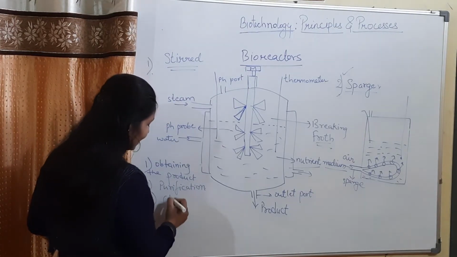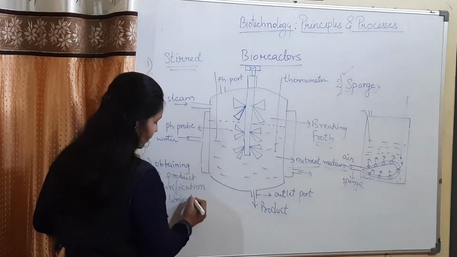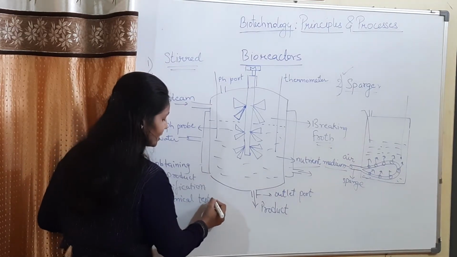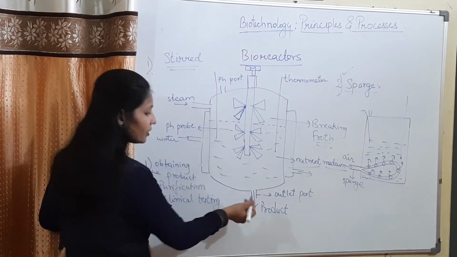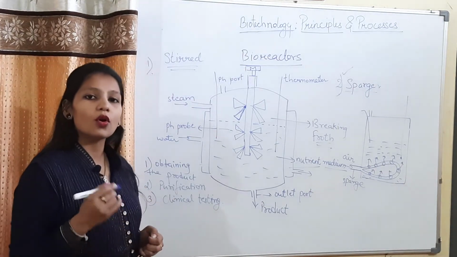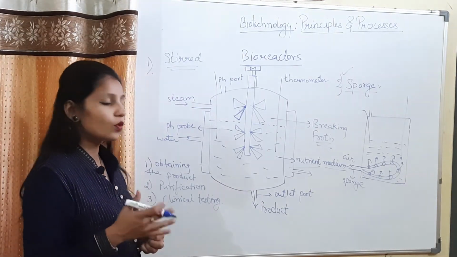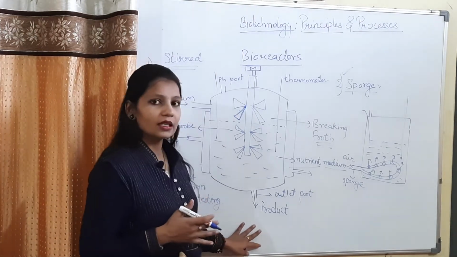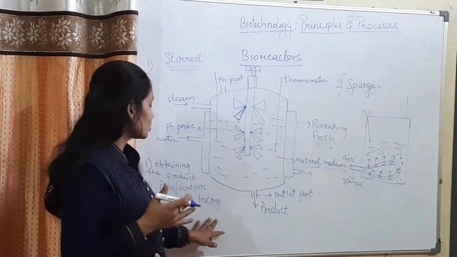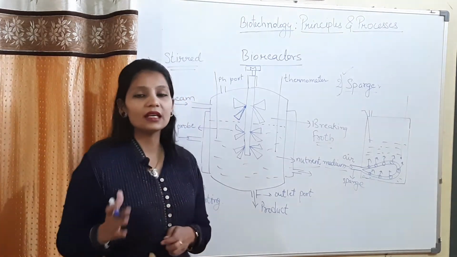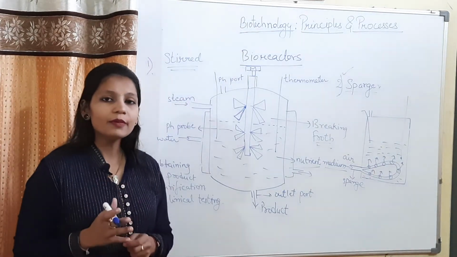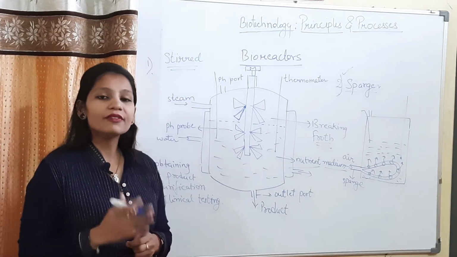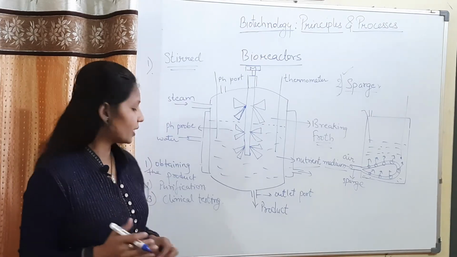The third is clinical testing. Now this product is tested whether it is fit for human use or not, or for the other purpose for which we have made this product. This clinical testing or trial is done at multiple levels, and it generally takes time, and this trial is different for different kinds of products.